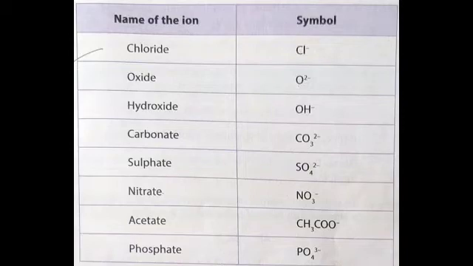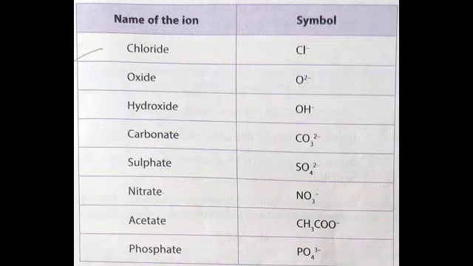Now some anions. Chloride ion is Cl−, oxide O2−, hydroxide OH−, carbonate CO3 2−, sulfate SO4 2−, nitrate NO3−, acetate CH3COO−, and the phosphate ion is PO4 3−.